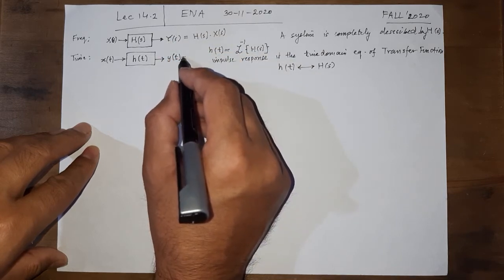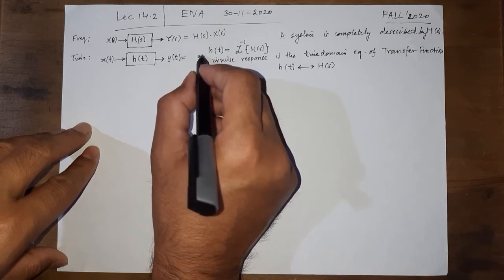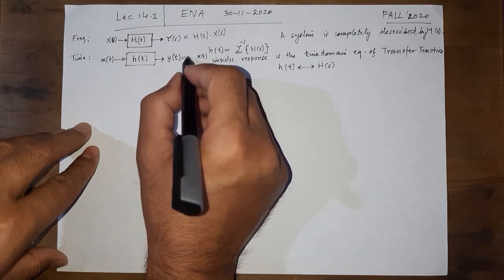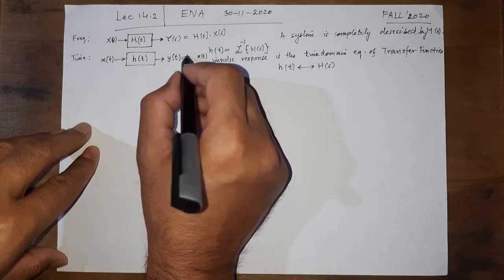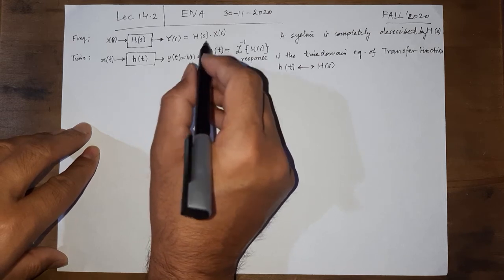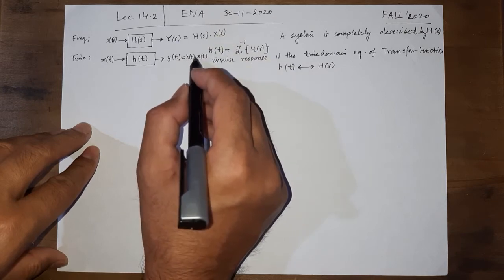What is the case here? So how is output related to input in the time domain? So we have x of t here, we have h of t here. Is it a product? No. The product in the frequency domain is not the product in the time domain.